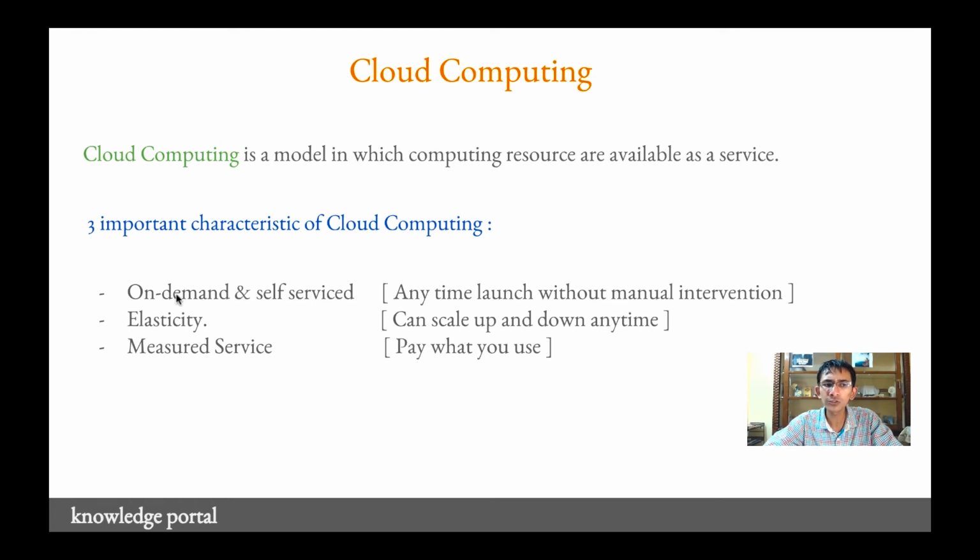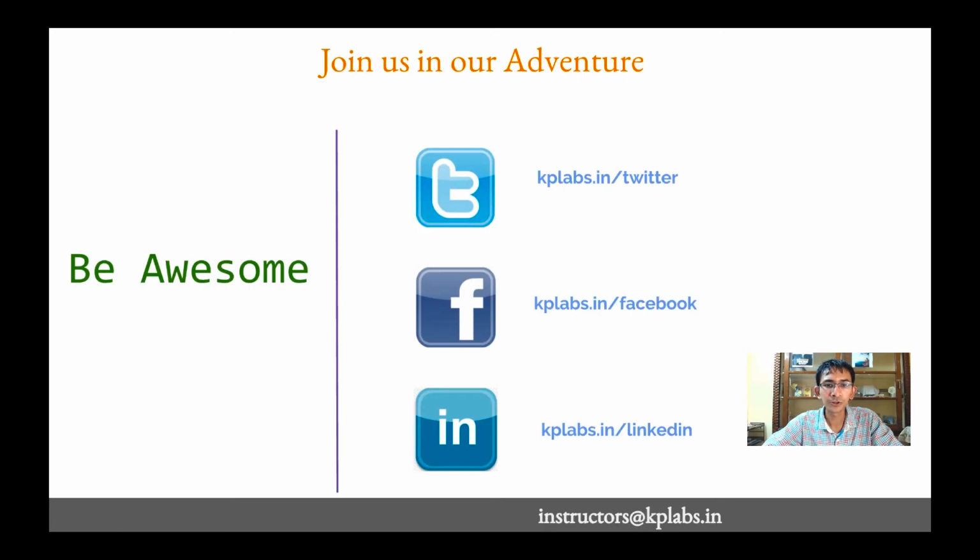All of those have these three characteristics available. So this is the basic introduction to cloud computing. This is a very high level overview. In the upcoming lectures, we'll go into much more detail related to the cloud computing platform.